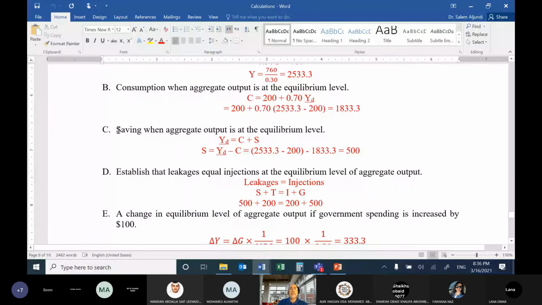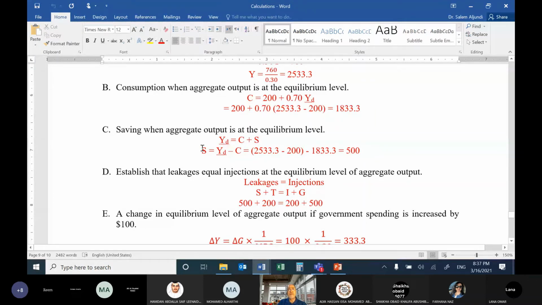Farhane, C? Saving when aggregate output is at the equilibrium level. Okay, so what is saving? Keep in mind, disposable income equals consumption plus saving. So if we receive some amount after taxes, we will spend part of it and we will save the rest.